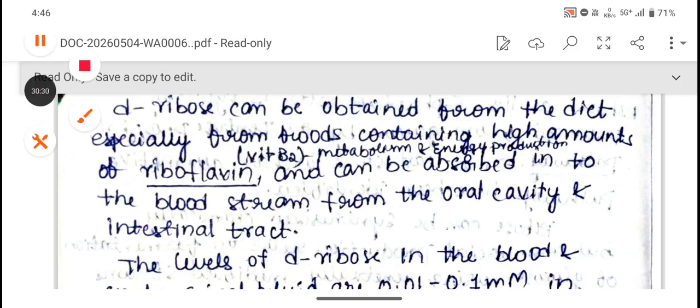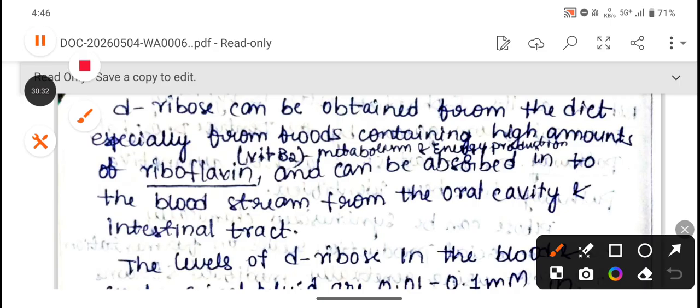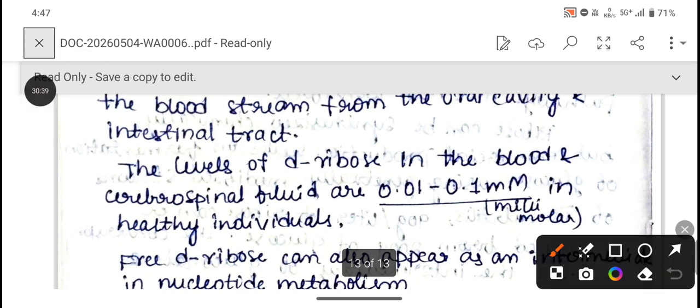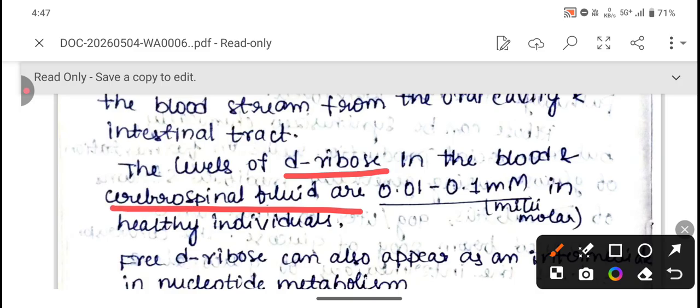So the levels of D-ribose in the blood and cerebrospinal fluid are 0.01 to 0.1 millimolar in healthy individuals. So here the most important point, the D-ribose sugar also contributes to the composition of cerebrospinal fluid. So what is cerebrospinal fluid?